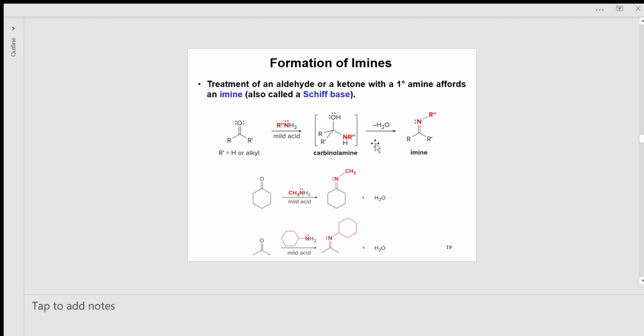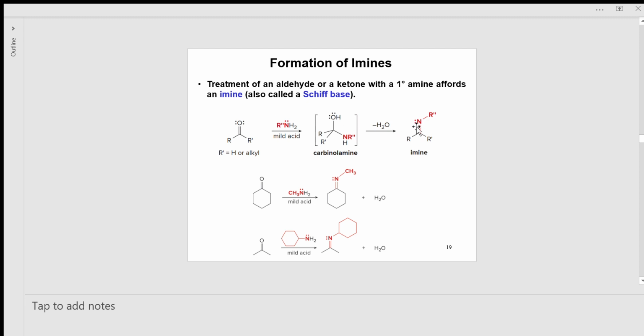However, if you want to move faster, I can share a secret with you here. So we have an aldehyde or ketone plus a primary amine. Basically, we are going to lose one water: 2 hydrogens from the primary amine, 1 oxygen from the aldehyde or ketone. Thus, the molecule loses water.